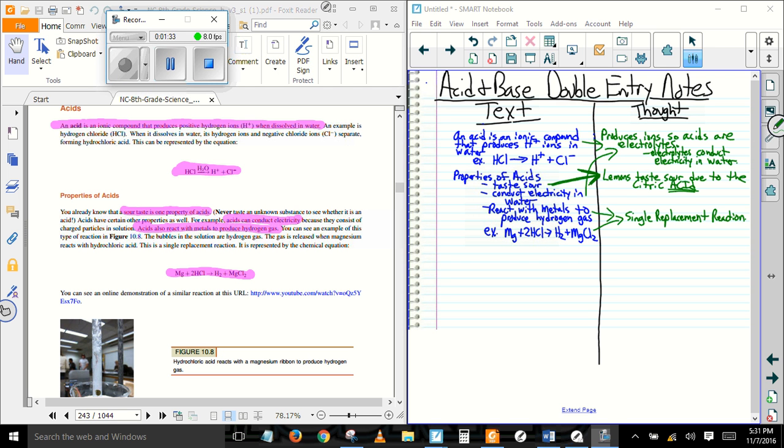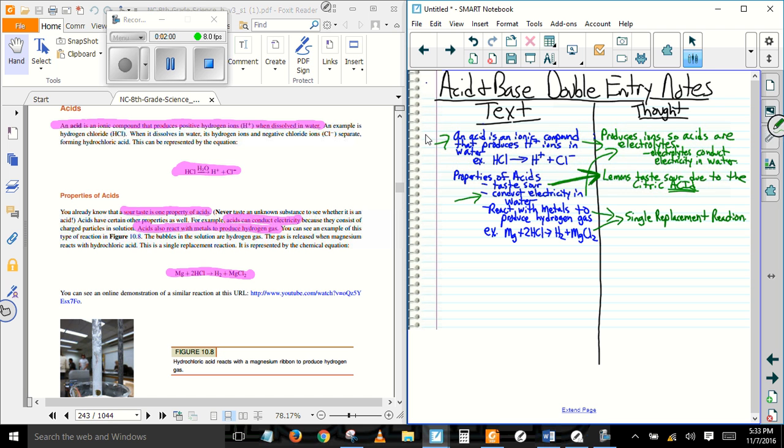All right, so now you see I have the information from the text and I have my reflection about it. For example, I have here, an acid is an ionic compound that produces hydrogen ions in water. And then I also have that one of the properties is that they conduct electricity.